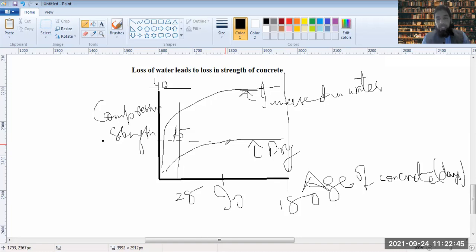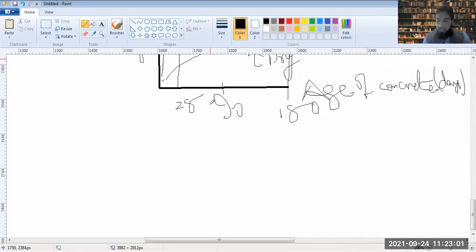So keeping it completely dry would mean this much loss in compressive strength from what it could actually gain for the same amount of material. So curing then becomes a very important thing for concrete.